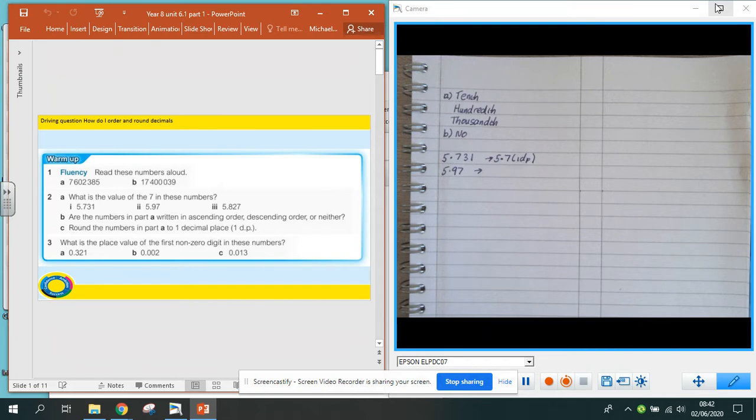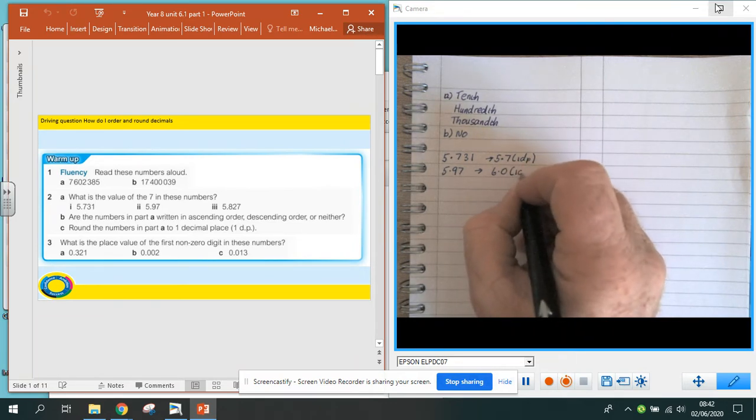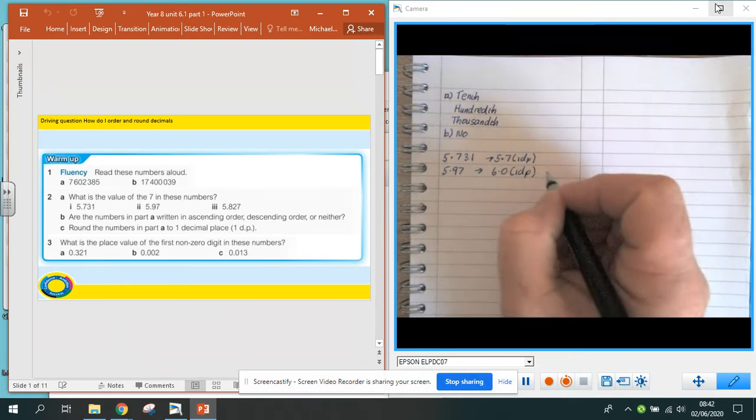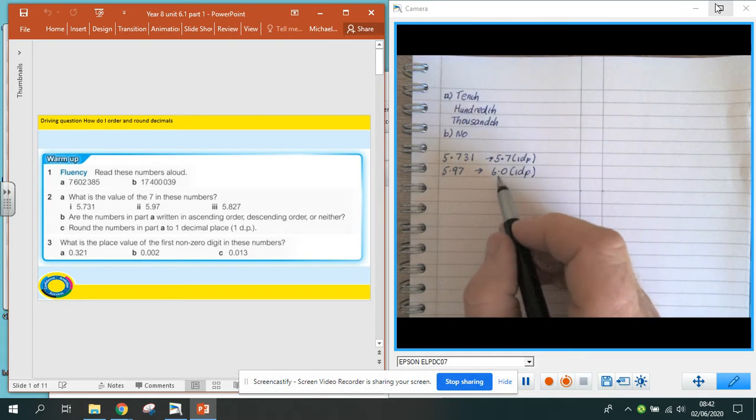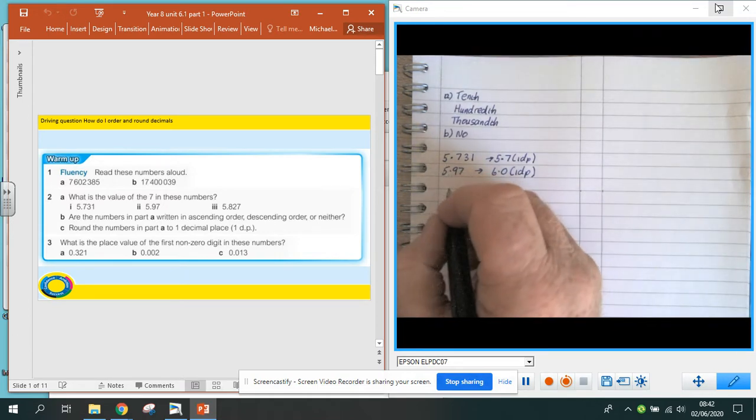So I've got to actually round up again, so that number becomes 6.0 to 1 decimal place. You must write that 0 down. The 0 tells you something. It tells you the range that number could be. So in this case, if you're told to write to 1 decimal place, even if the number is a 0, you must write it down. So 6.0.